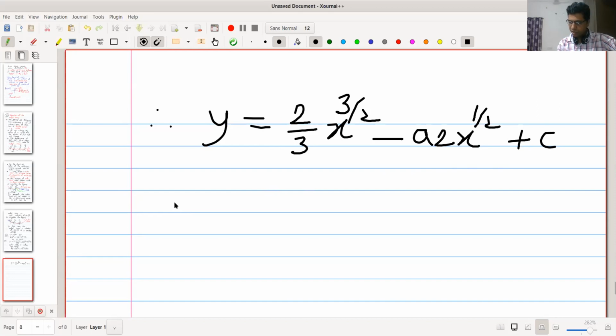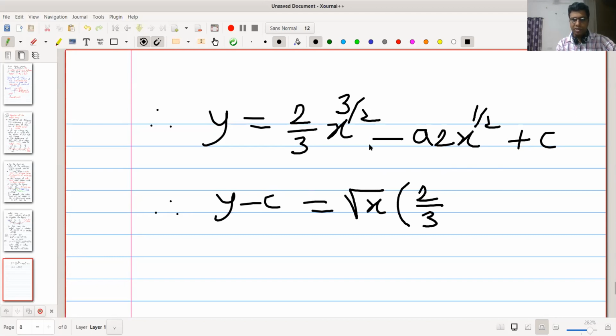Therefore, we can have y minus c equal to, here we take square root x common. So in bracket we have 2 by 3. Now this is x raised to 3 by 2, which is x into square root x. So this is x minus 2a. Now we take 2 by 3 common and multiply by 3.